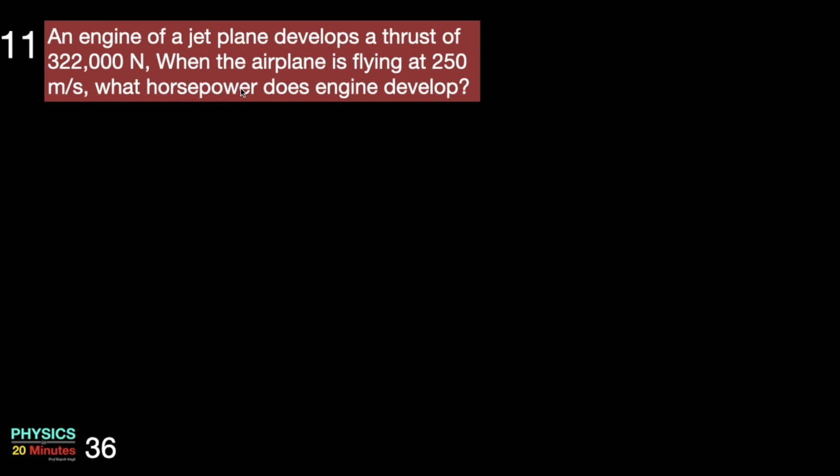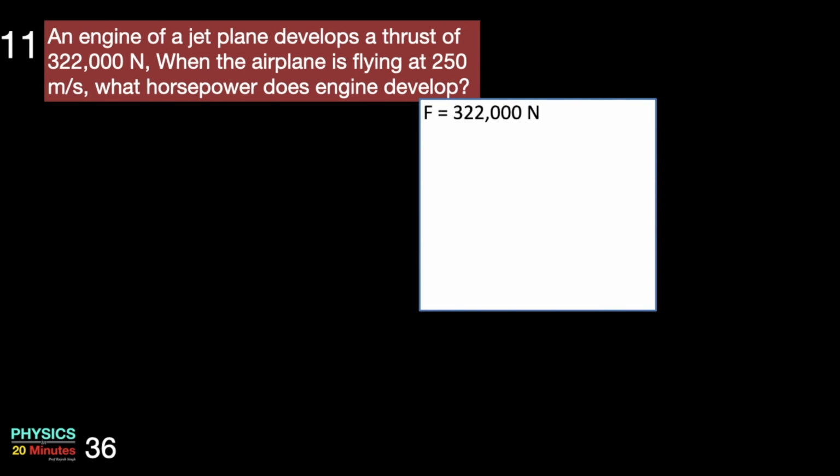So to know the horsepower, you first know the power. Force is given, velocity is given. In the last lecture, we have already discussed that the power is nothing but force into velocity. So you multiply the two things together, you get power in watt, 8.05 into 10 power 7.